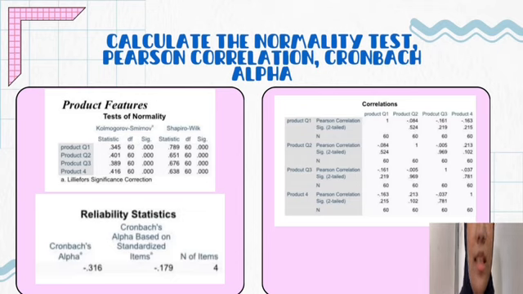Pearson correlation. This table shows how product features in one quarter are related to the next. Product quarter 1 and quarter 2 have a slightly negative correlation, -0.084, meaning that the changes in quarter 1 are not related to quarter 2.